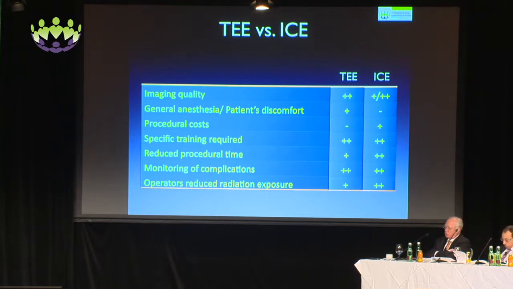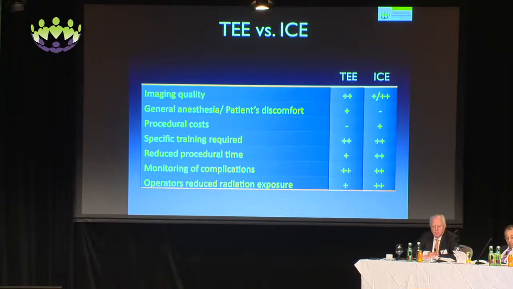On one hand you have the additional cost of the probe, on the other hand we have the reduction of the time of use of the cath lab, and that is saved money, and reduced cost of the anesthesiology team and of the dedicated operator for the TEE.